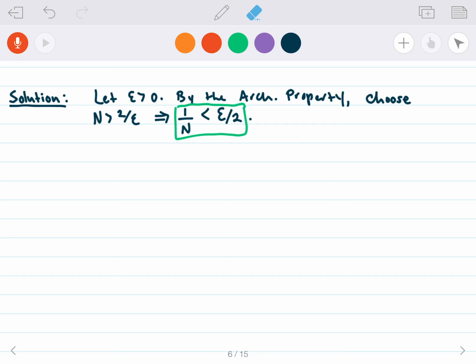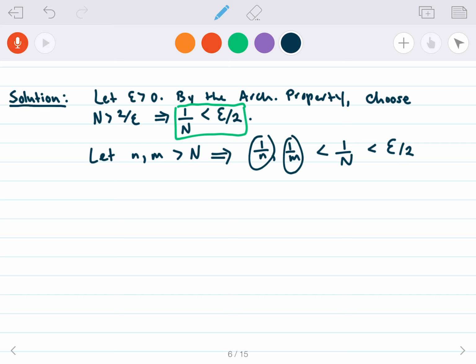Before we say we have the following, we're going to include our hypothesis here, which says let little m be larger than capital N. Well, again, taking reciprocals, this means that 1 over m is going to be less than 1 over capital N. And we know that by the green box up there, that's less than epsilon over 2. So each of these is less than epsilon over 2. I'm going to box this in purple.